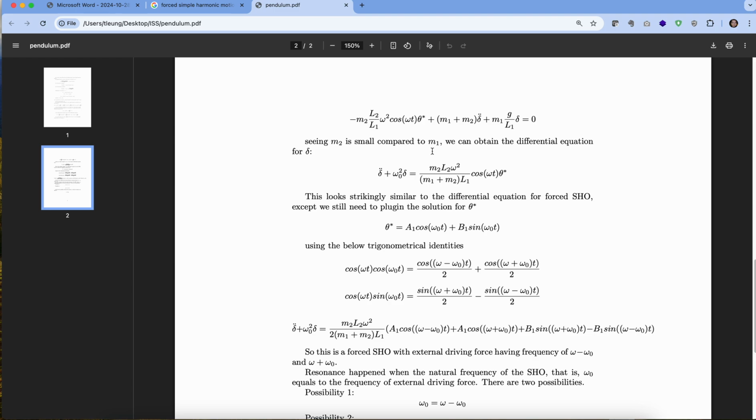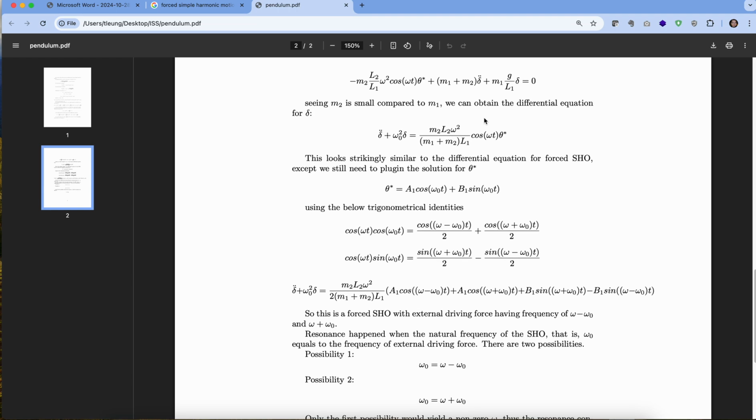Seeing that M2 is small compared to M1, we can further simplify to this differential equation.